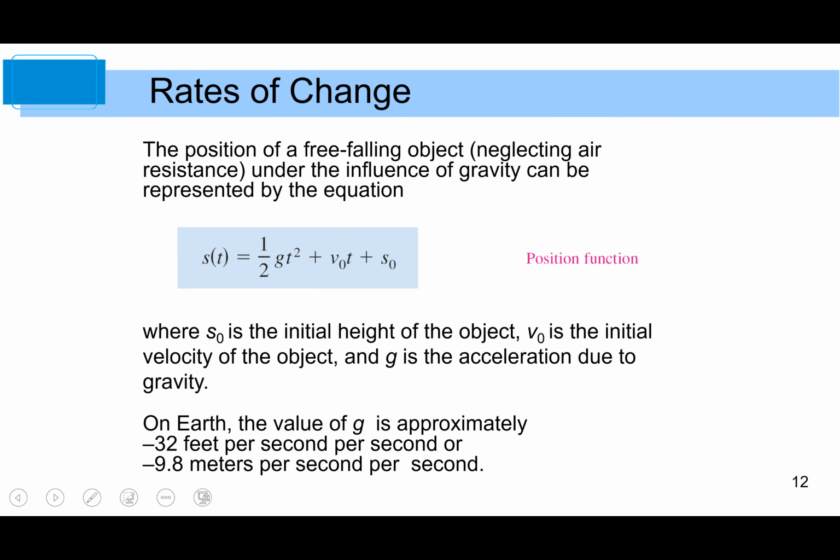The position of a free-falling object, neglecting air resistance, under the influence of gravity can be represented by the equation s of t, the position function.